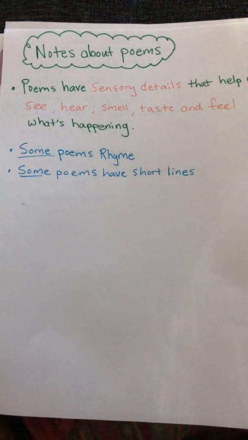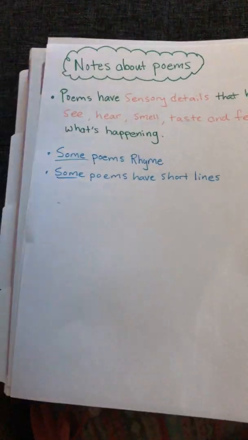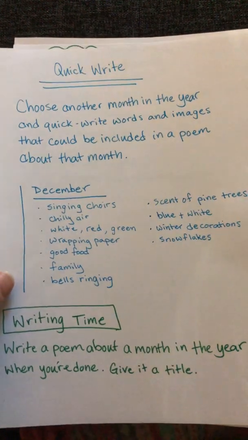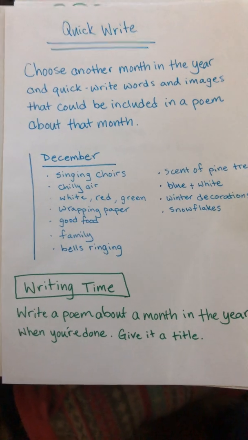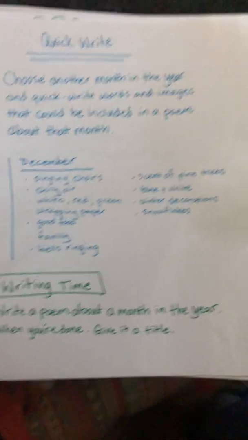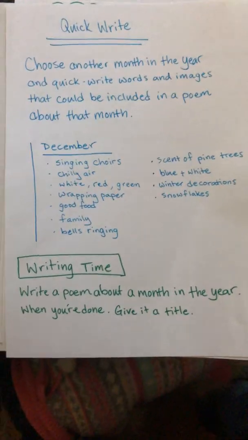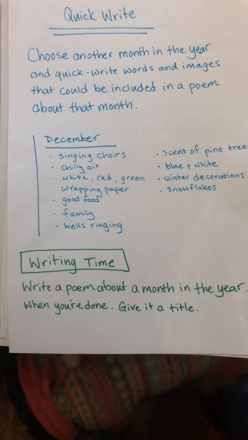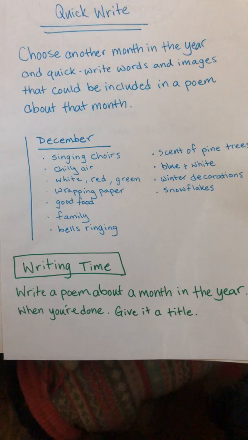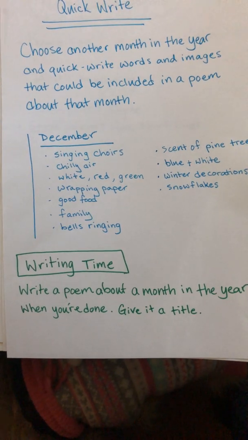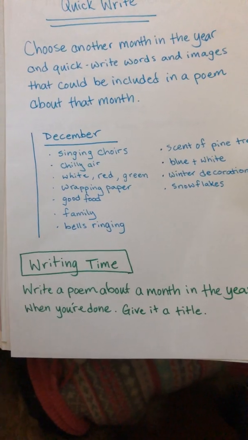So your objective today, right now, is to take out your computer or take out a piece of paper, and you're just going to jot down some ideas about a month in the year that you choose. Okay, so choose another month in the year and quick write words and images that could be included in a poem about that month.